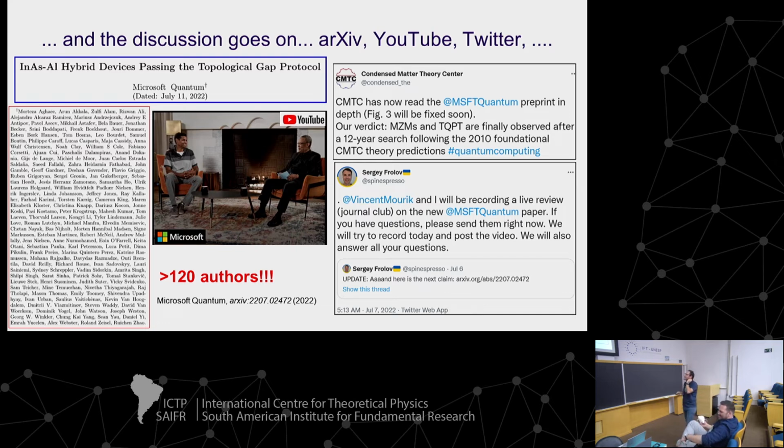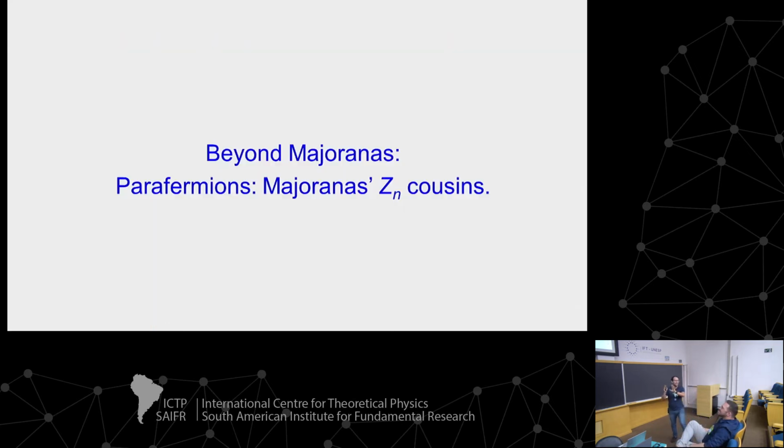All right, so I've been working on this for some time now. And at some point, I think it's nice to see if there's more basic physics related to that, but somewhere else, right? So that's when I started to look beyond Majoranas, and one natural continuation was parafermions.